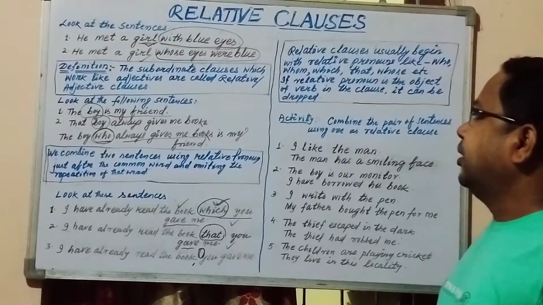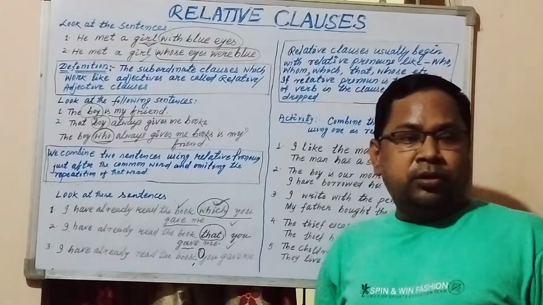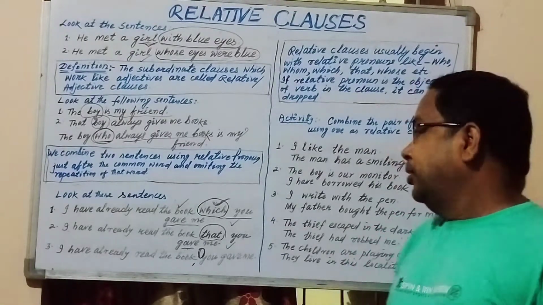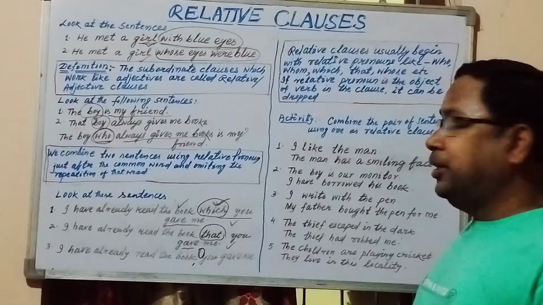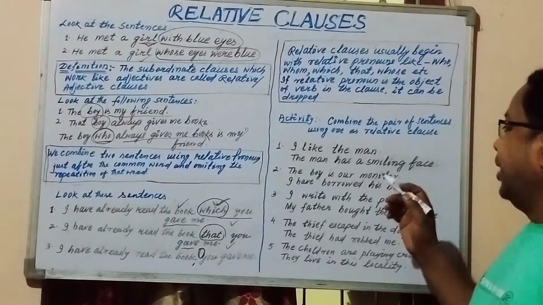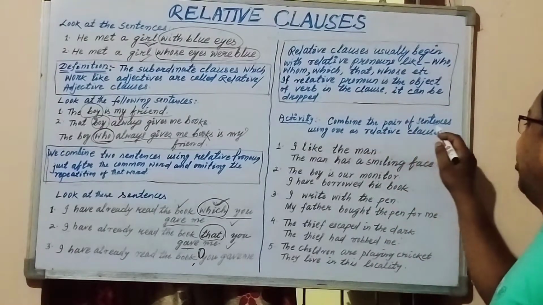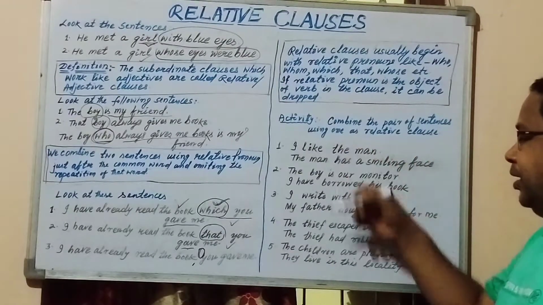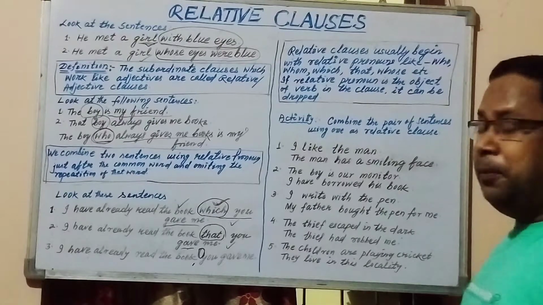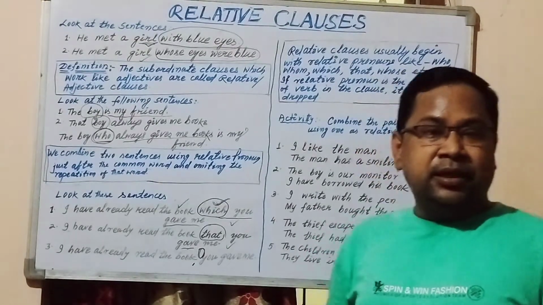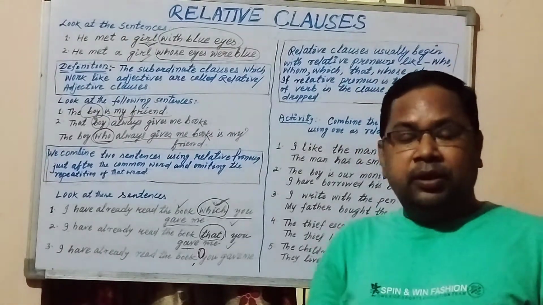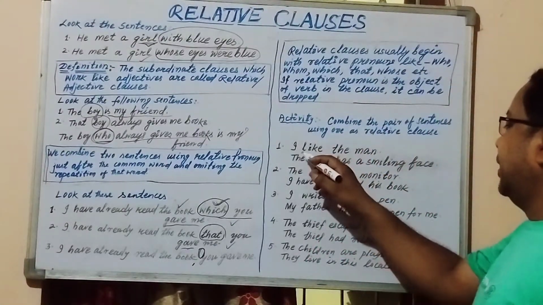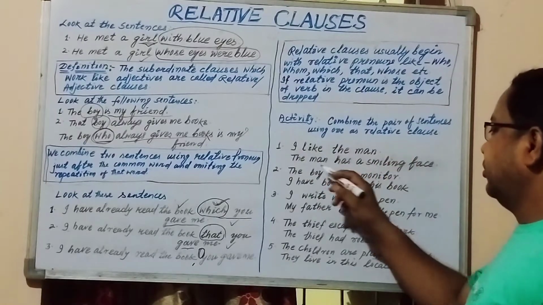Now I will give you one activity to do. Combine the pairs of sentences using one as a relative clause. There are 5 pairs of sentences. First, I like the man.